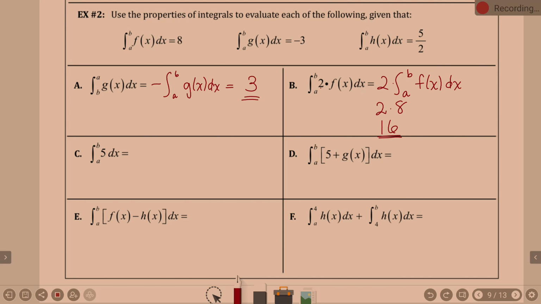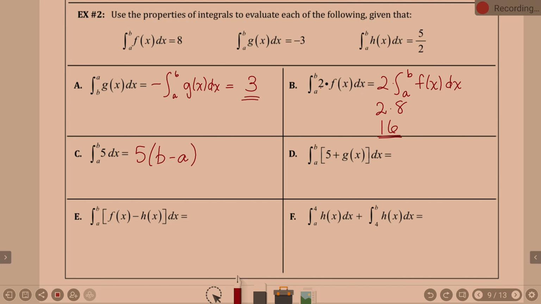So, well, we don't know what b and a are. So 5 times the quantity b minus a. I assume you guys had parentheses as you wrote it. Okay, so that's just because 5 is a constant.